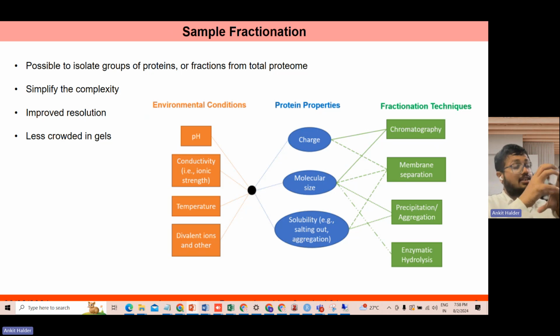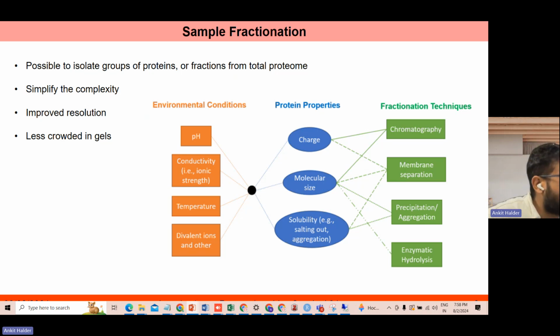And to make sense of which particular spot is the one that is showing a differential expression, it will become difficult for you to understand.